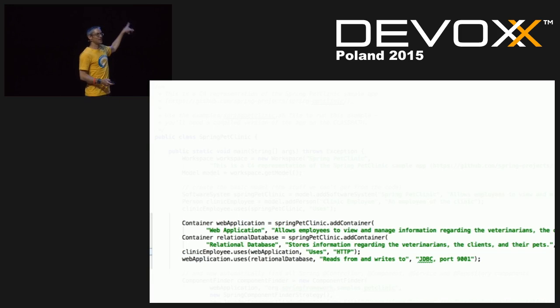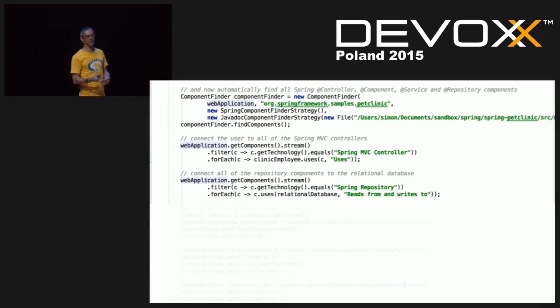I don't want to have to do this for all of the components that make up my system. Since this is code, I can scrape that stuff from the code, though. And I can make some assumptions. So what I've got here is a component finder. And there are different strategies, and those different strategies have different rules. So I've got a Spring component finder, and basically all it does is it looks for the Spring annotations: @controller, @service, @repository.